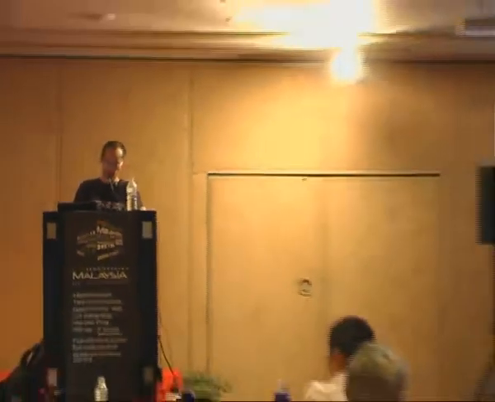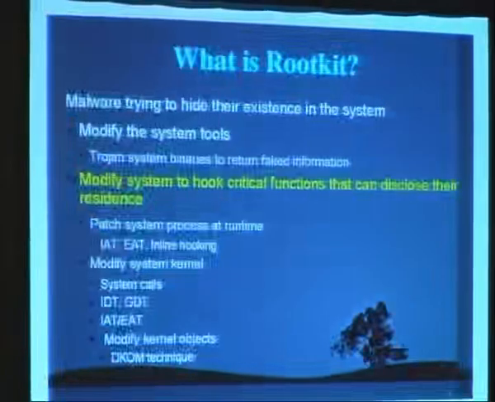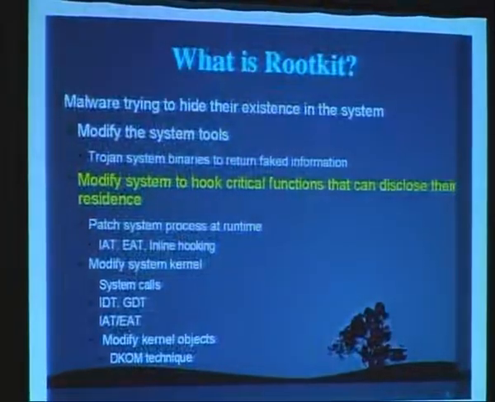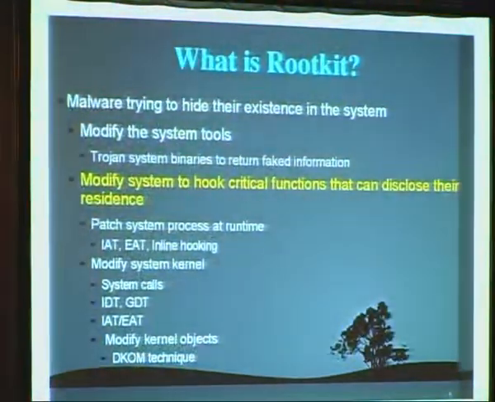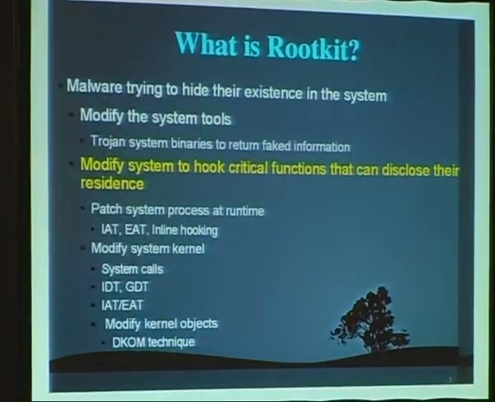So they can patch the system code. They can change the interrupt descriptor table. They can change the SSDT. They can modify the import address table, export address table, and they can also modify kernel objects using, for example, the DKOM technique. So you can see that there are a lot of techniques that can be used by a rootkit to hide its existence in the system.